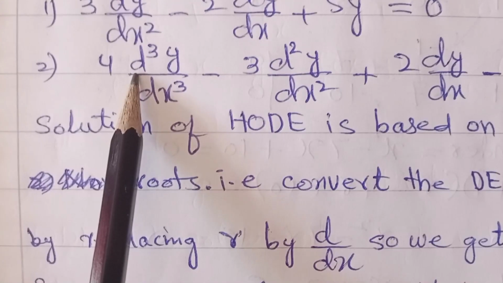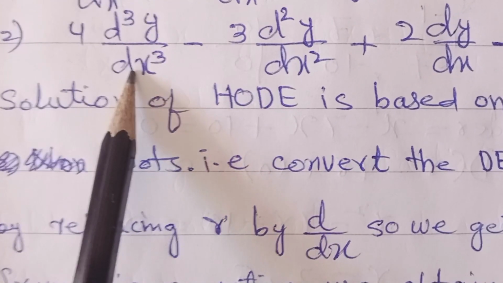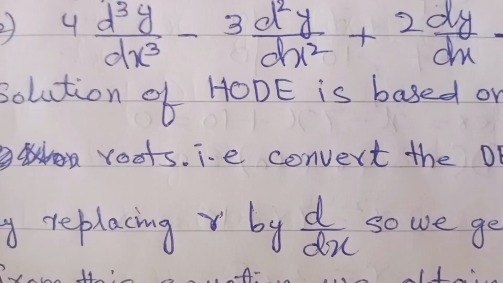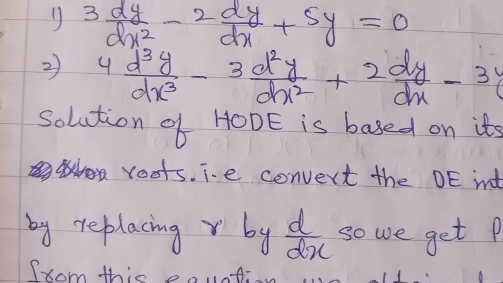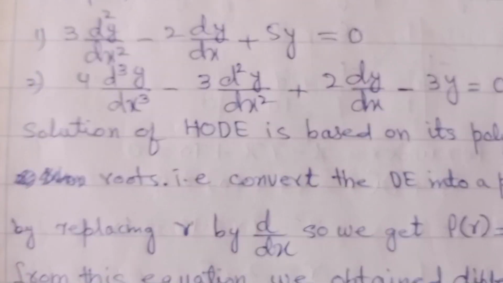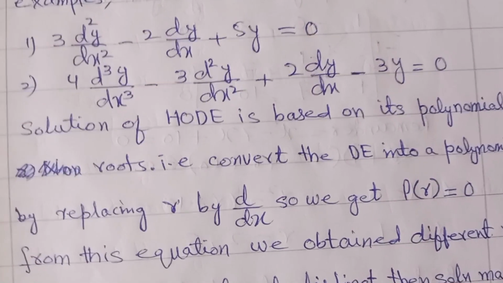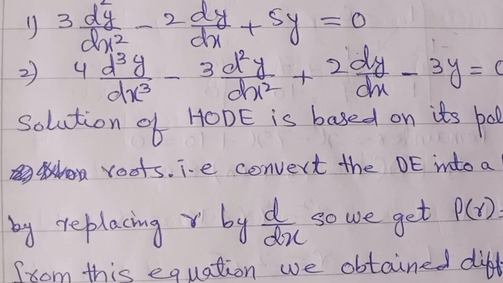By substituting d upon dx by capital D, or capital D by any arbitrary variable, so that we can get a characteristic equation, and then we can solve the characteristic equation by using any ordinary technique to find the roots.